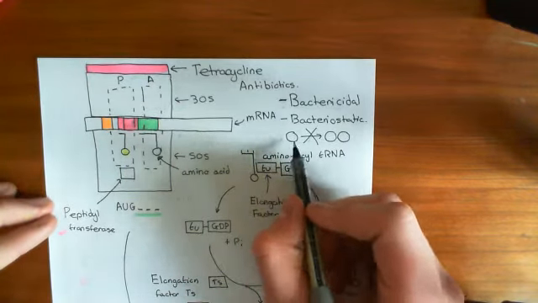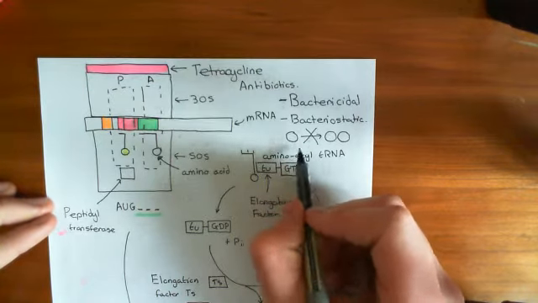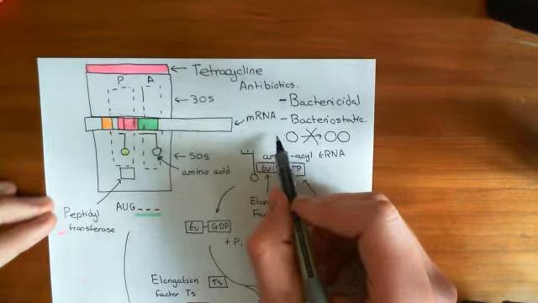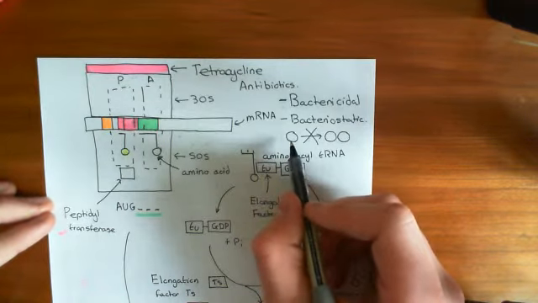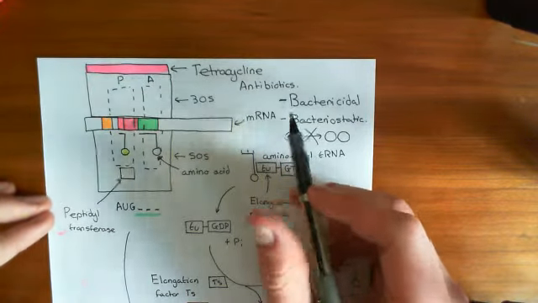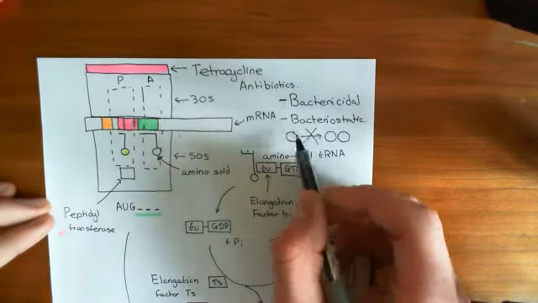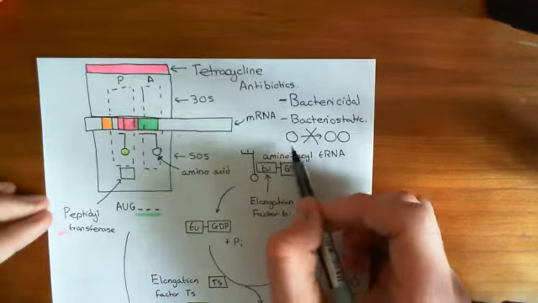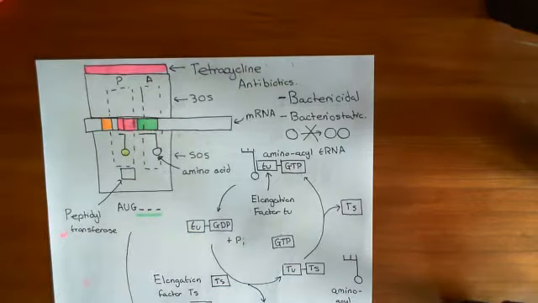So the patient will have to have a healthy immune system that can then kill the bacteria which are already there, because this antibiotic is not going to kill the ones that are already there, it's just going to stop any more from forming. So it relies on the person having a healthy immune system, which can now, with the help of the antibiotic which is stopping the bacteria from growing, kill the ones that were already there.